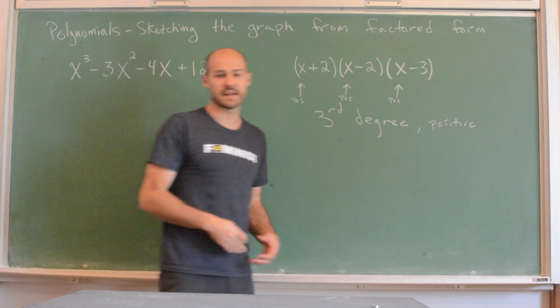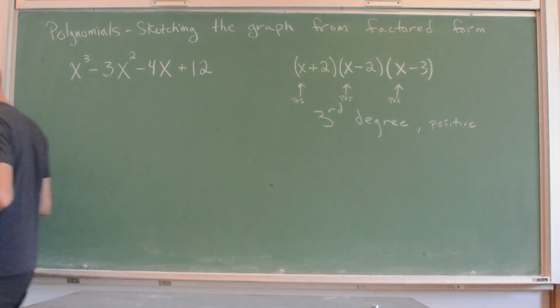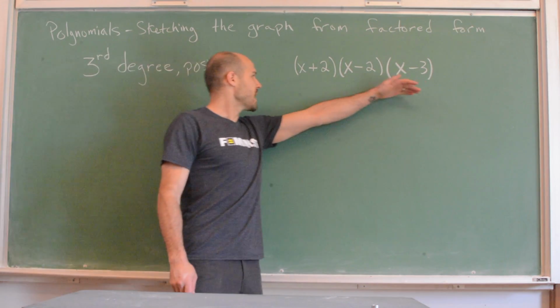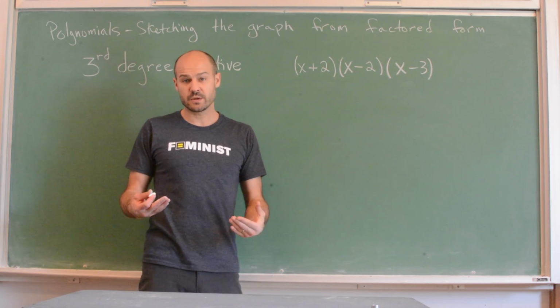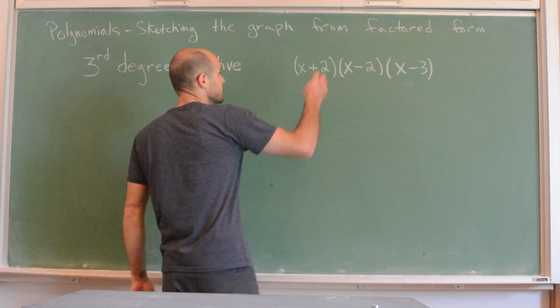We've just classified this, so we don't need this anymore. We just need the factor form here. And we're going to use this to find out information that's known as the zeros or the solutions of the polynomial.